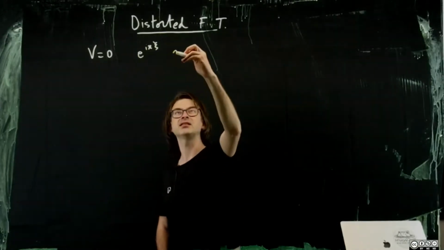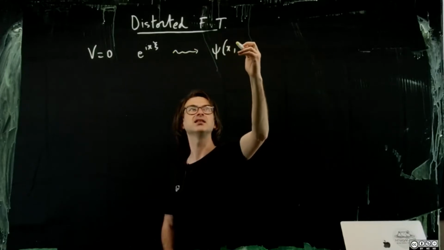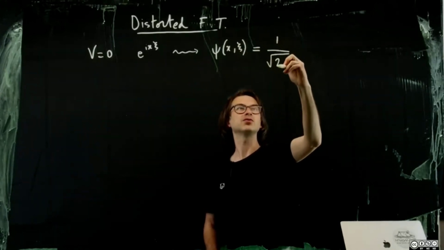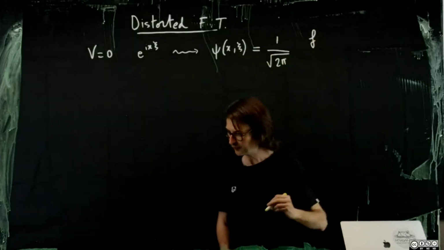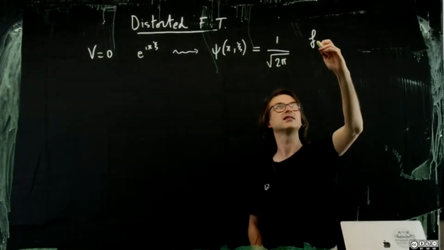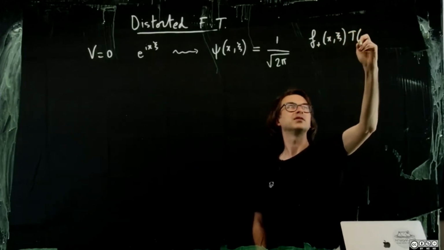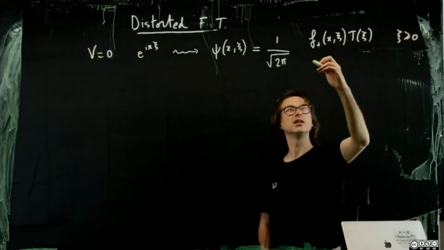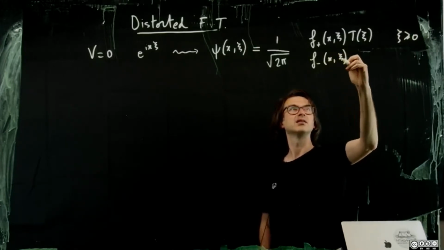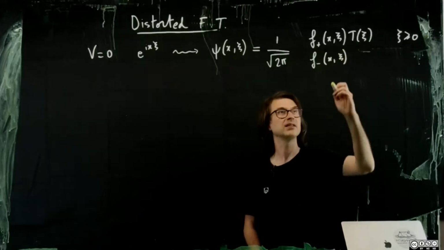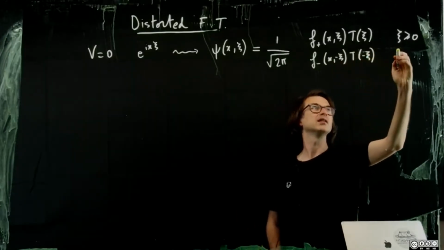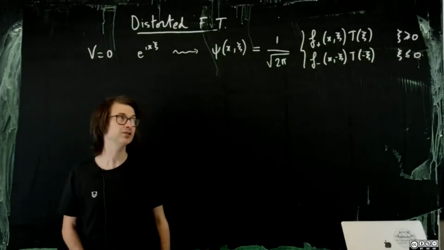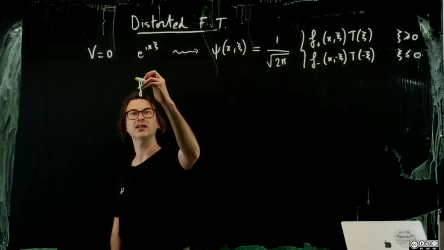And in the distorted case, this becomes psi of x, xi, which is defined as follows: 1 over square root of 2 pi times f plus of x, xi times T of xi for xi greater than or equal to 0, and f minus of x, xi times T of minus xi if xi is less than or equal to 0.